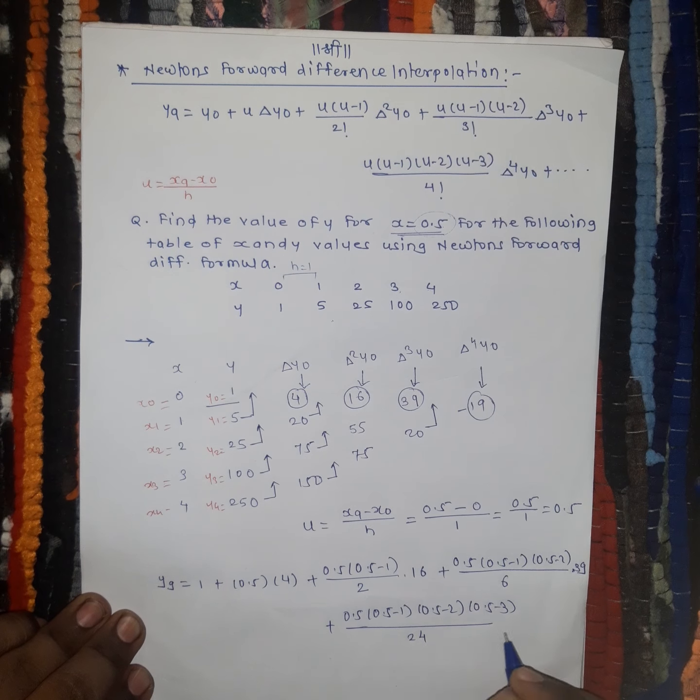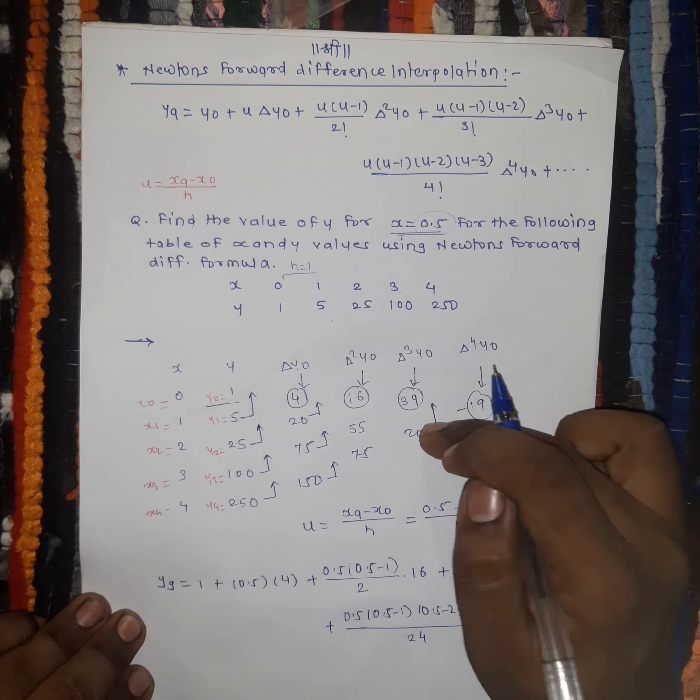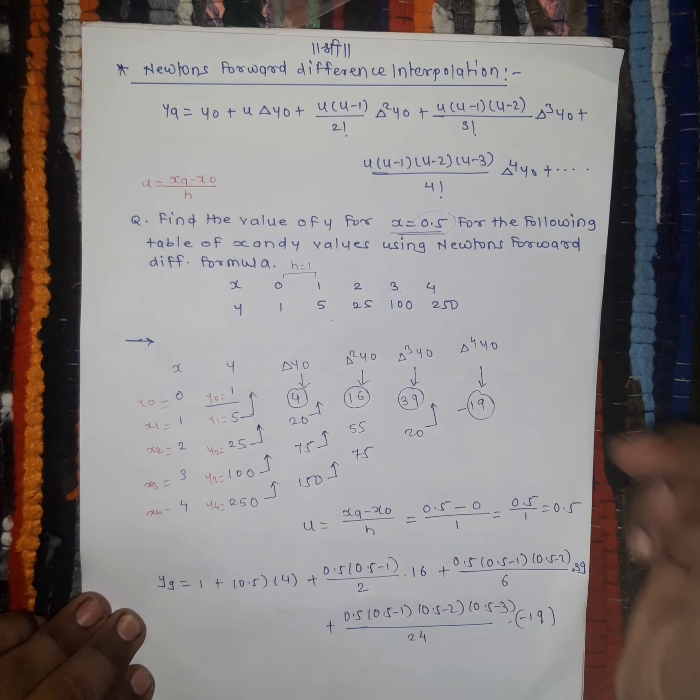So 24 into delta raised to 4 y naught, which is minus 19.